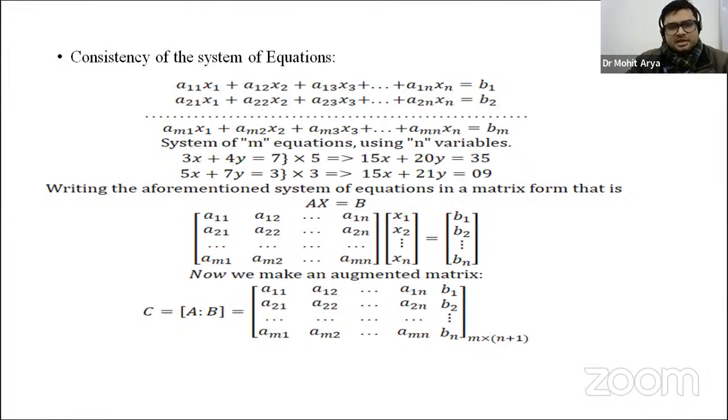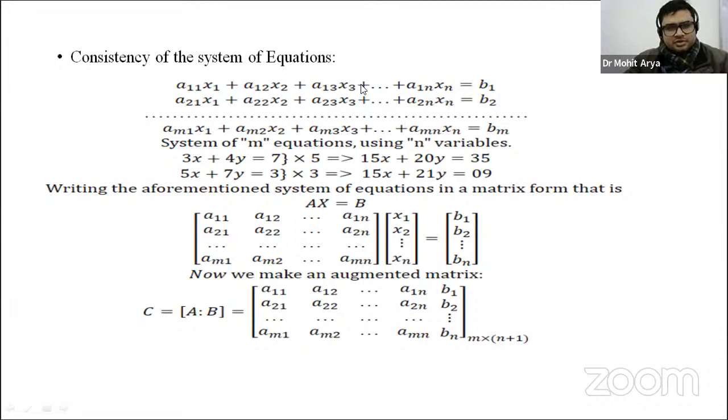Here we are making the coefficients of x the same, and when we subtract these equations from each other, we get the solution of the equation. But here, we write the aforementioned system of equations in a matrix form.